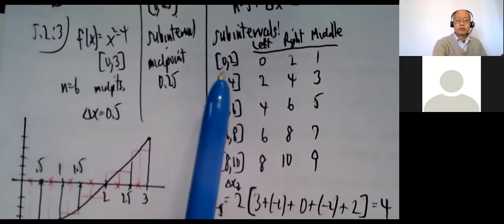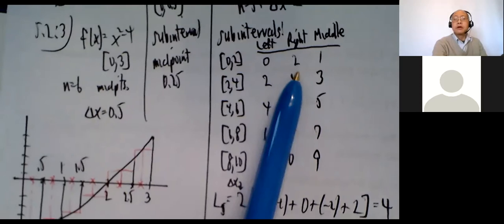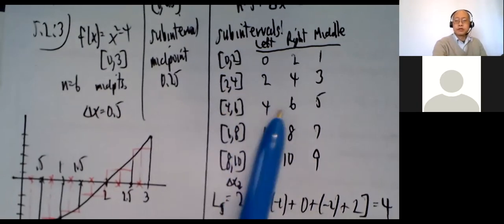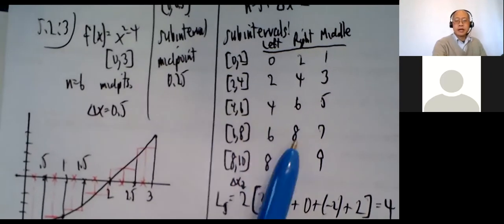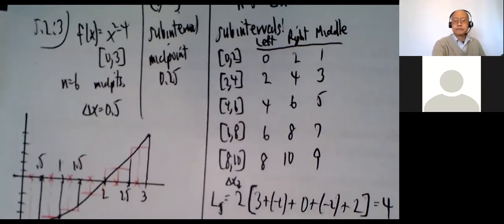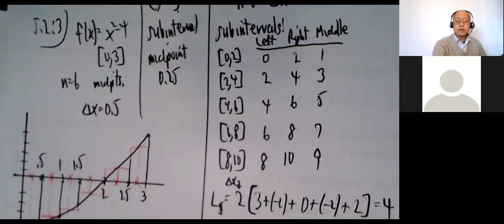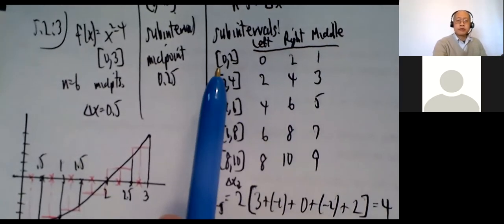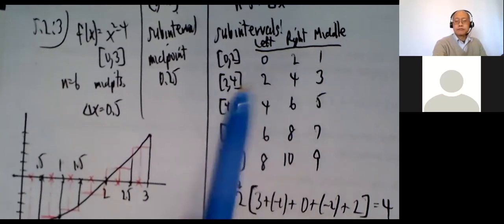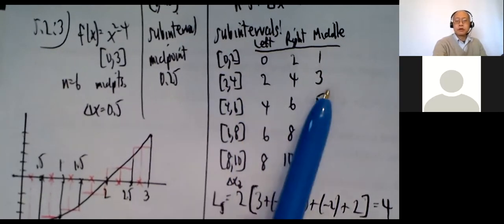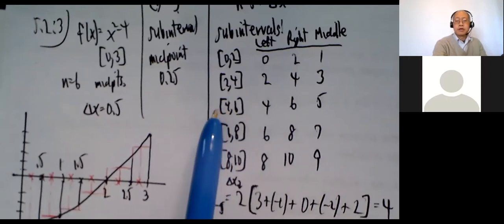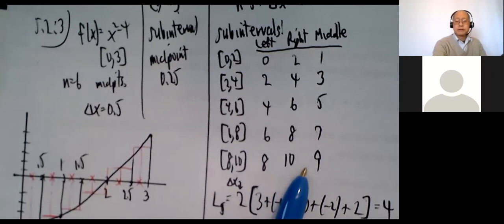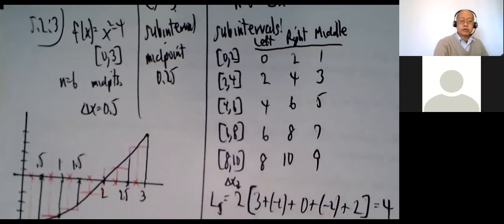What's the right endpoint from 0 to 2? 2. What's the right endpoint from 2 to 4? 4. 4 to 6, 6. 6 to 8, 8. 8 to 10, 10. Middle, midpoints. What's the midpoint between 0 and 2? 1. Midpoint between 2 and 4? 3. Midpoint between 4 and 6? 5, 7, 9. Right? So those are the function values.